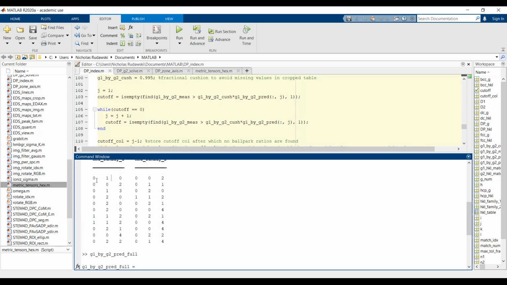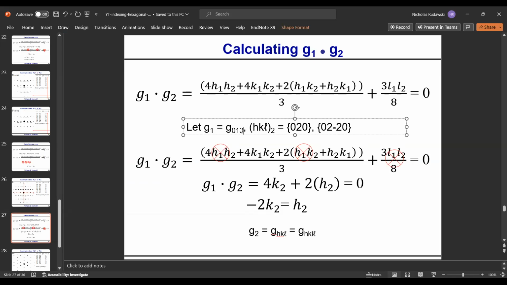So let's go back now and look at this guy, which I know is the solution. We're going to let G1 be 0, 1, 0. And then the other one is going to be 0, 2, 0, otherwise known as 0, 0, 2.